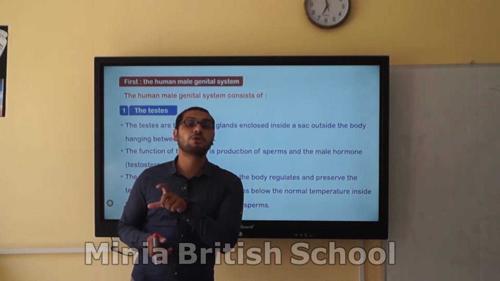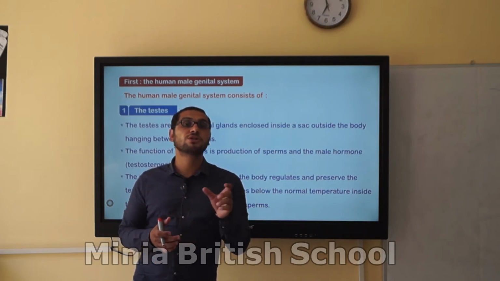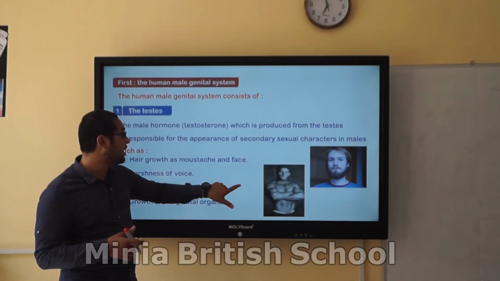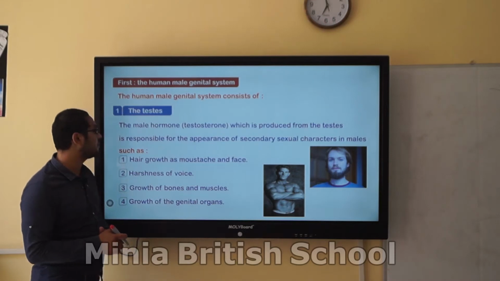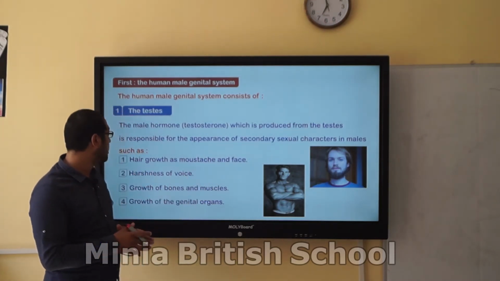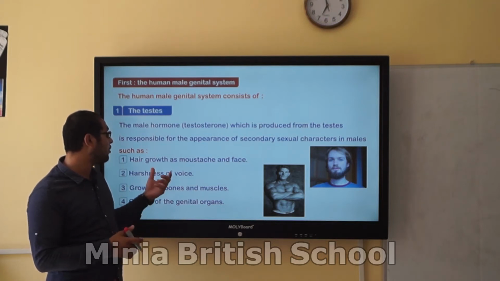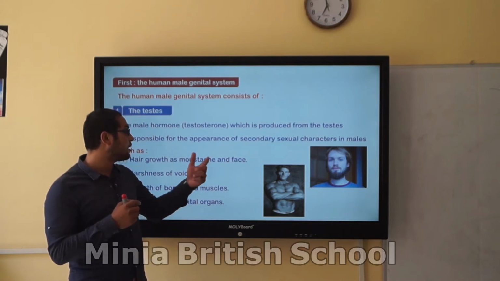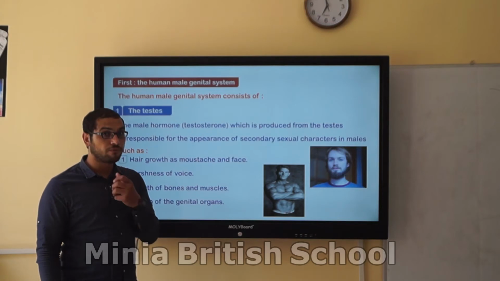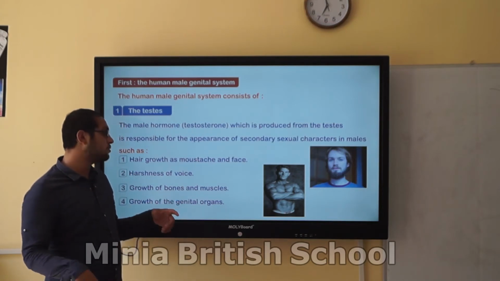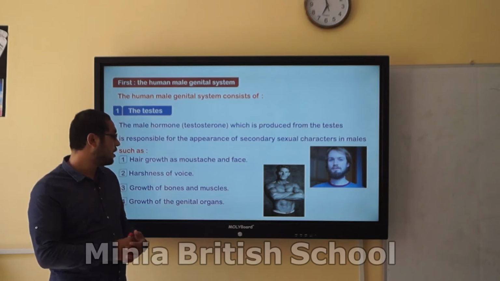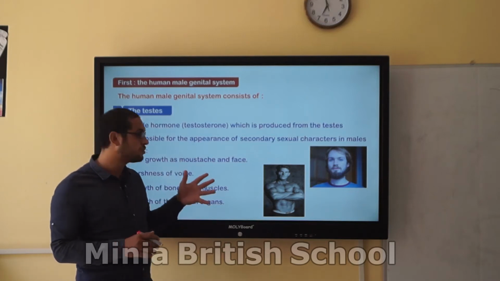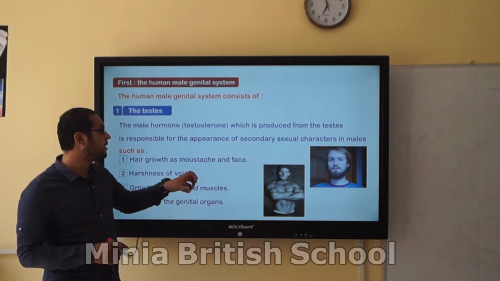Okay, the testosterone is responsible for the appearance of secondary male sex characters, the signs of puberty in males, such as growth of hair in certain body areas like mustache and beard, harshness of voice, growth of bones and muscles, and development of genital organs. Okay, these are the main signs of puberty in males.